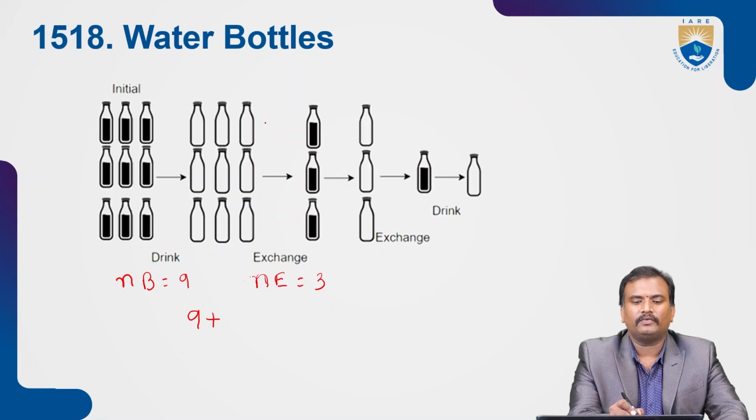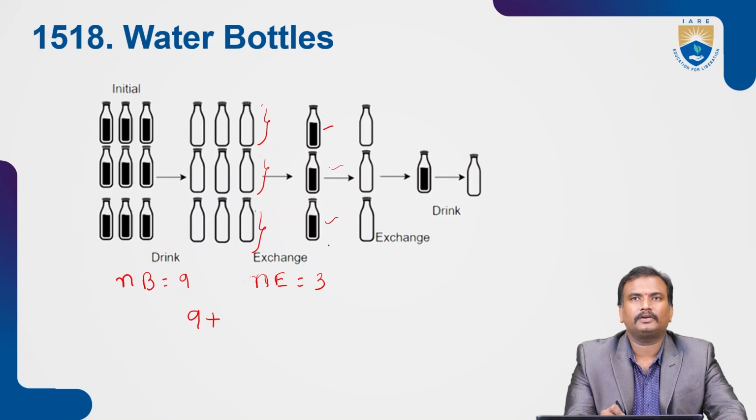So for these 3 bottles, we are going to get 1 full bottle, and in the same way for these 3, 1 bottle, and for these 3, another bottle. So in total we have got 3 full bottles, and these 3 full bottles we are going to drink, and we are going to add that to the number of bottles which we can drink.